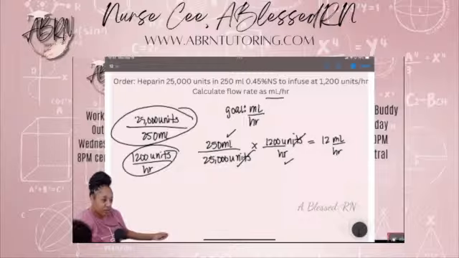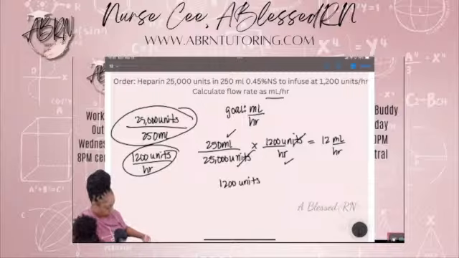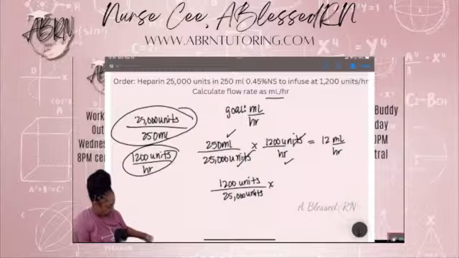You have 1,200 units, which is desired, over your 25,000 units times your 250 mLs. So that's how you would do it in that instance. When you put that in, it should be the same thing.